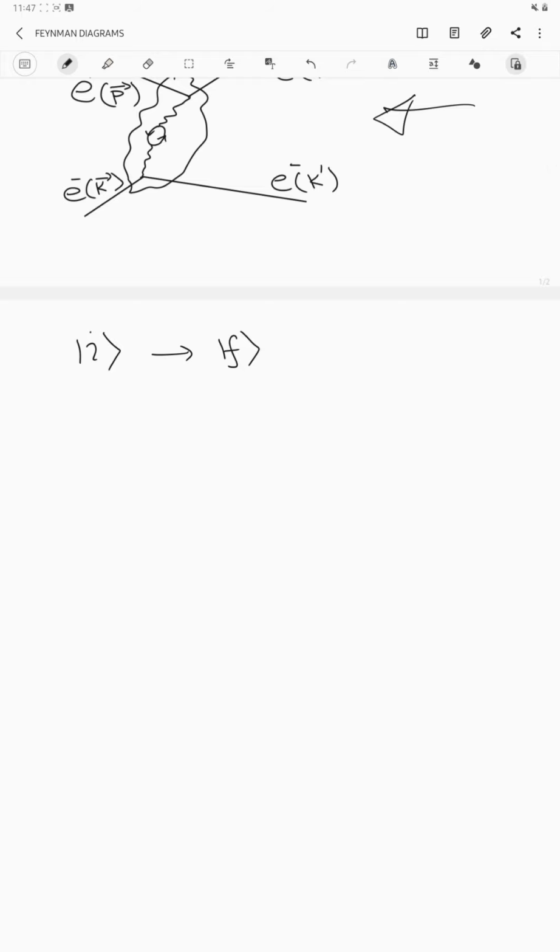Now, a scattering matrix relates these two states, initial and final, and you can write down the initial state and final state sandwiched with the scattering matrix, right? Now, a Feynman diagram is actually just a term in the perturbative series expansion of this particular S matrix. And that is how you can write down the mathematics of this thing, right?